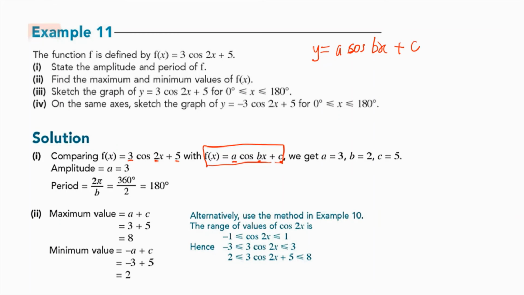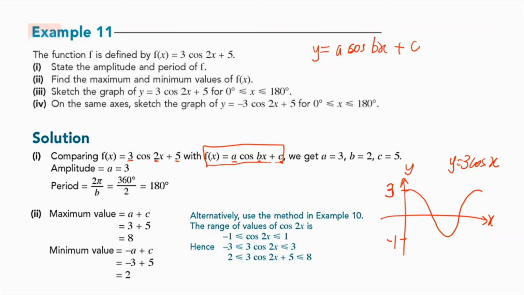To find the maximum value, recall how the graph looks. For cosine, the graph looks like that when you have a general graph. The amplitude is from 1 to -1. Right now it's 3 cosine, so multiply by 3.